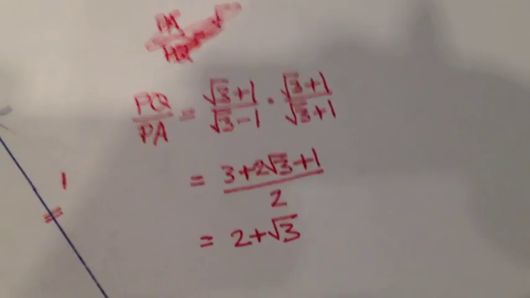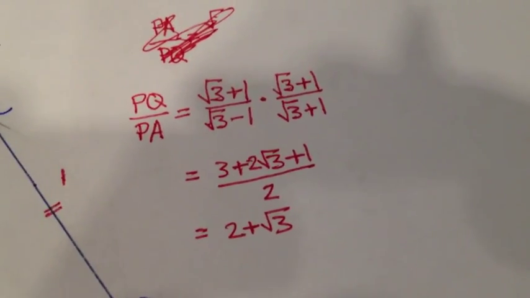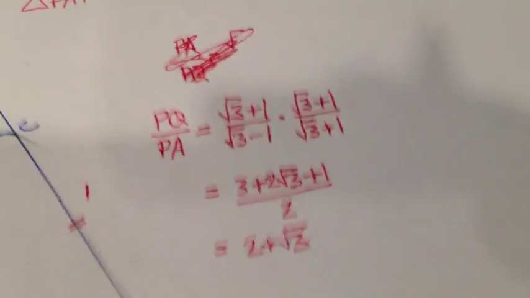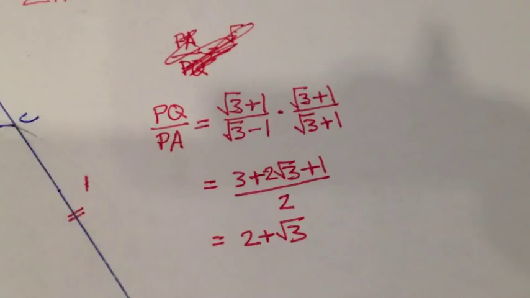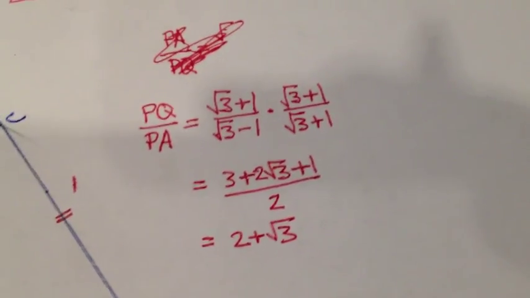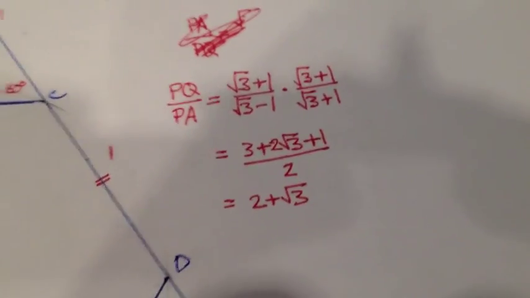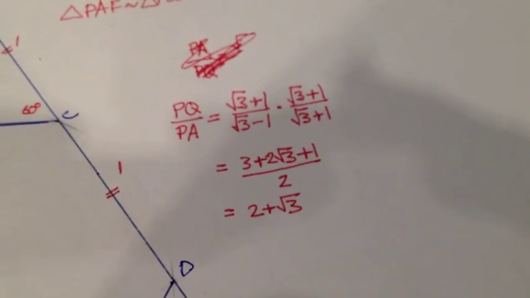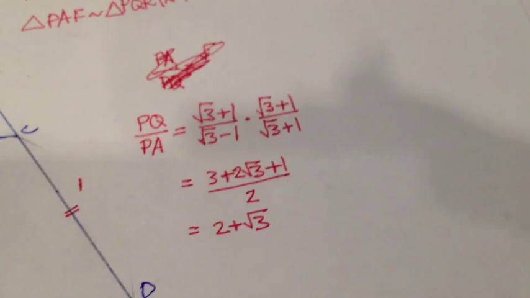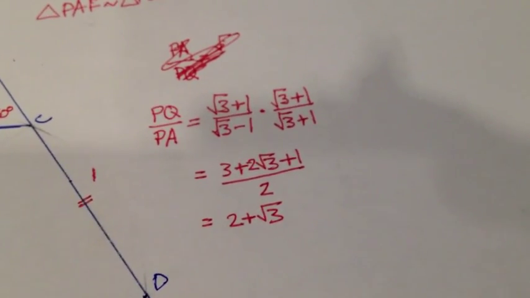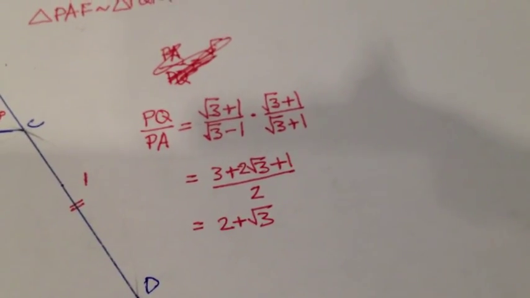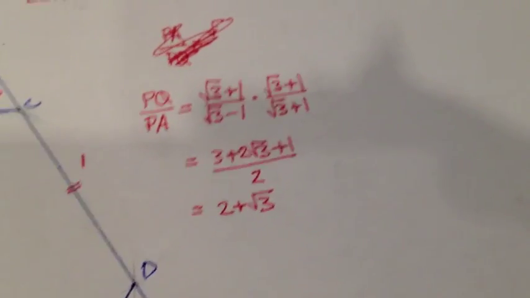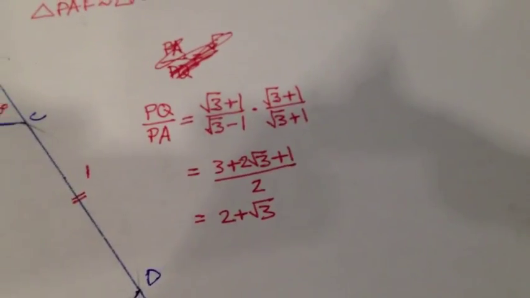Now, in geometry, there's a similar figures theorem that lets us determine the area of similar figures. So if we know the area of one of the triangles, we can find out the area of the other, because we have the ratio of similarity. Now, the theorem states that, say if you have two polygons that are similar, the ratio of the areas is actually the square of the ratio of similarity.